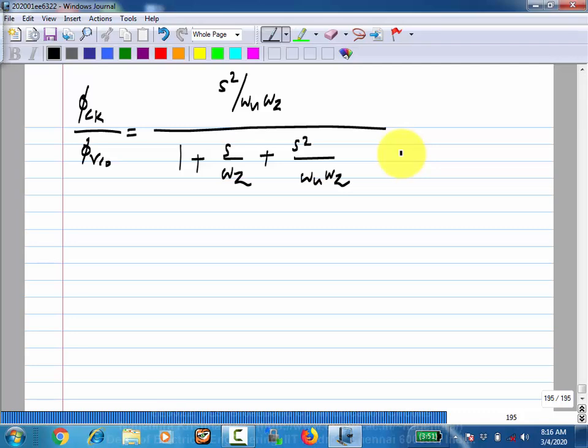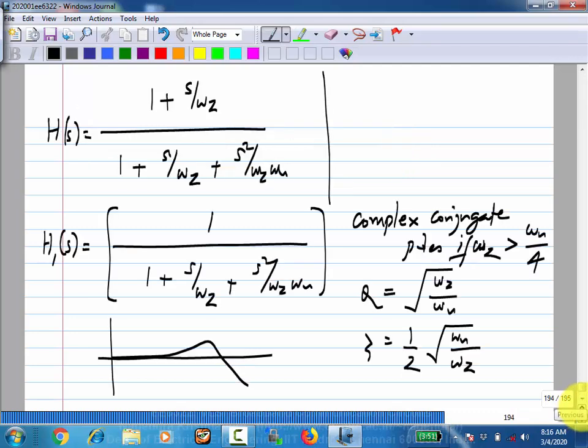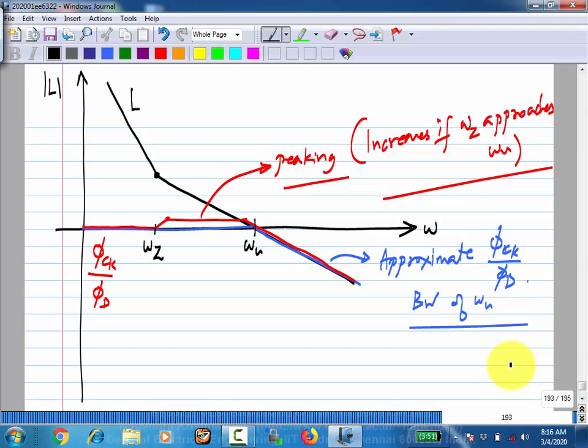So if you plot this on the same axis, what will that look like? Please sketch that on the same axis. I mean, please try to draw both transfer functions on the same scale, phi_ck by phi_d and phi_ck by phi_vco.